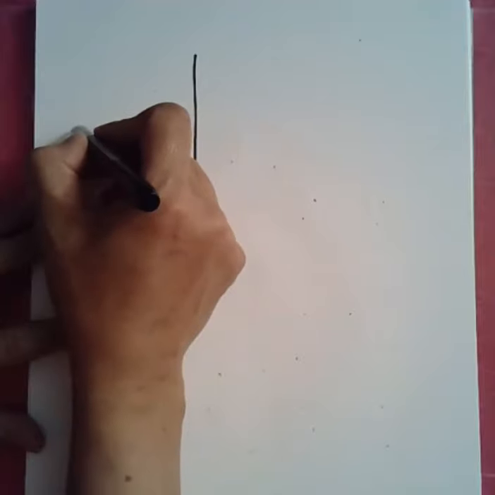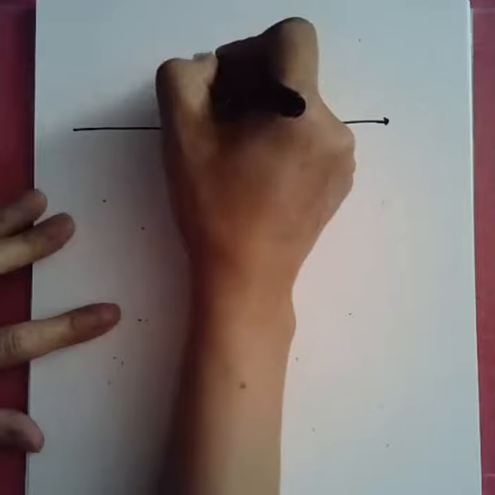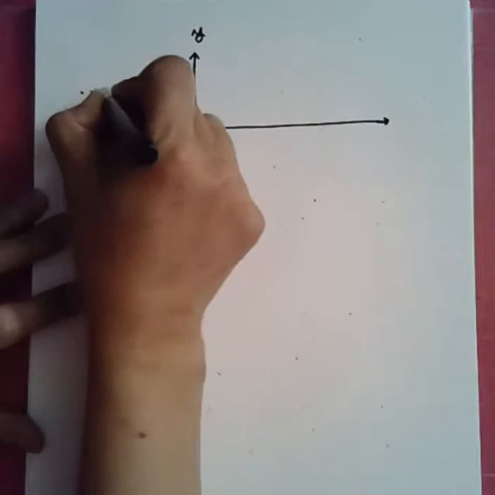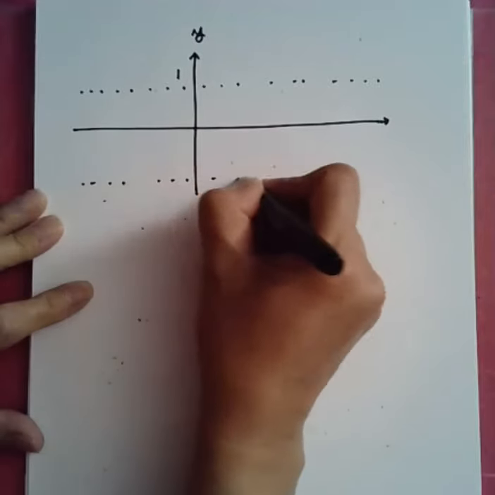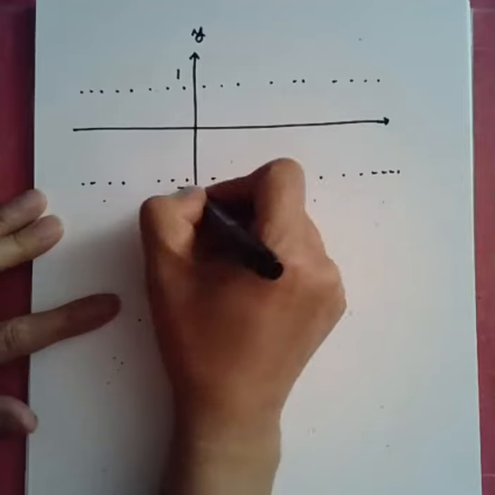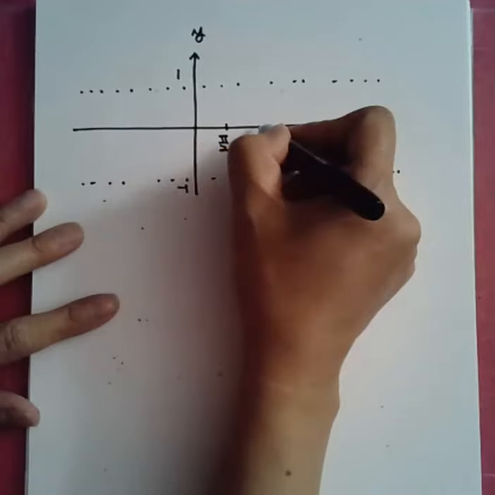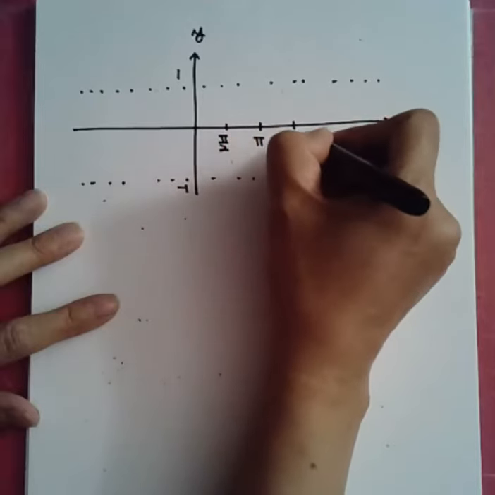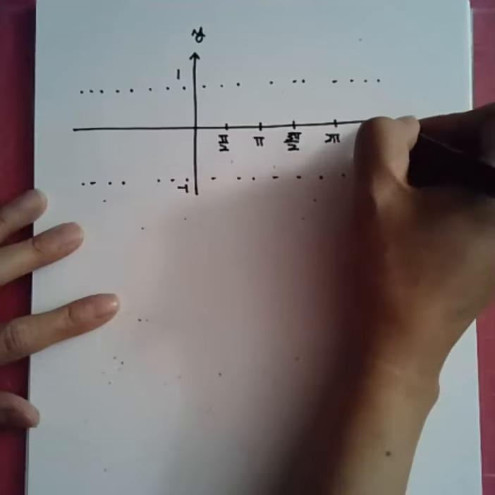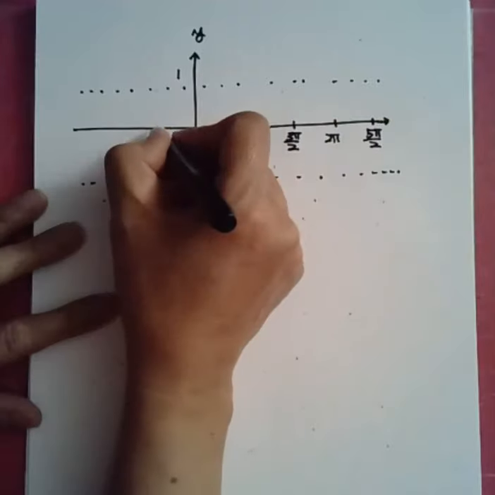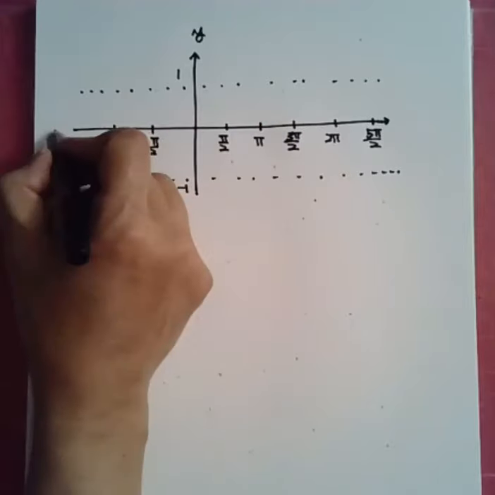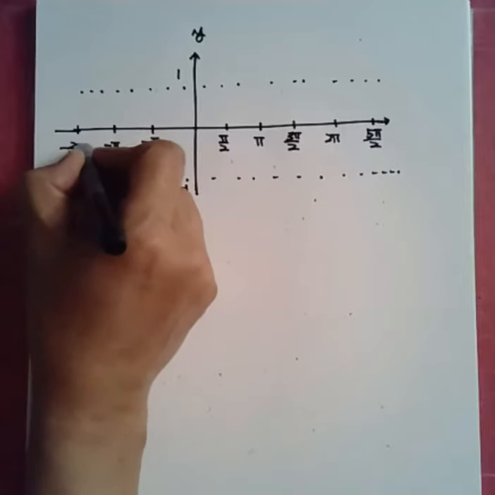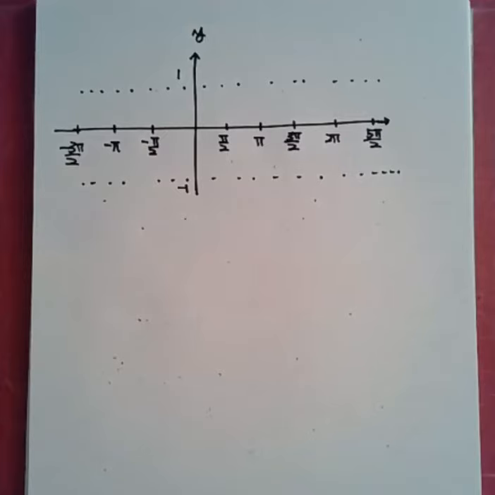Let's extend the graph which we drew on the previous page. We figured out how the first cycle of the sine graph looks.